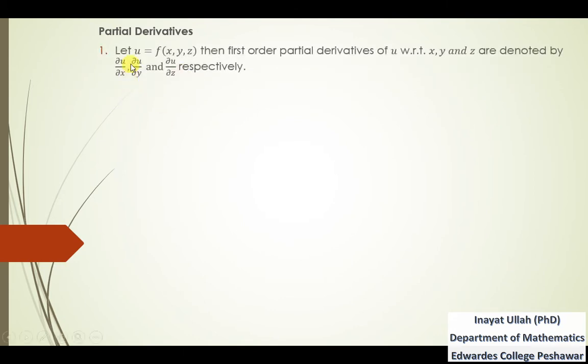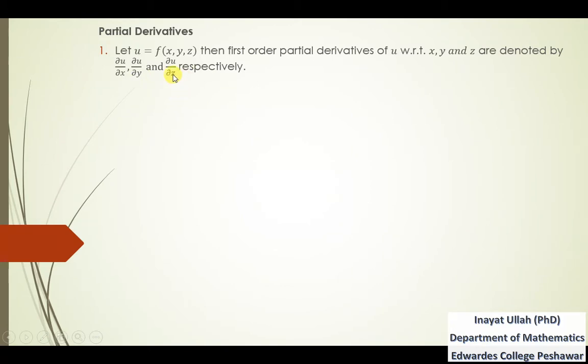For example, if we have a function u which is a function of x, y and z, then the first order partial derivatives of u with respect to x, y and z are denoted by del u del x, del u del y, del u del z respectively.